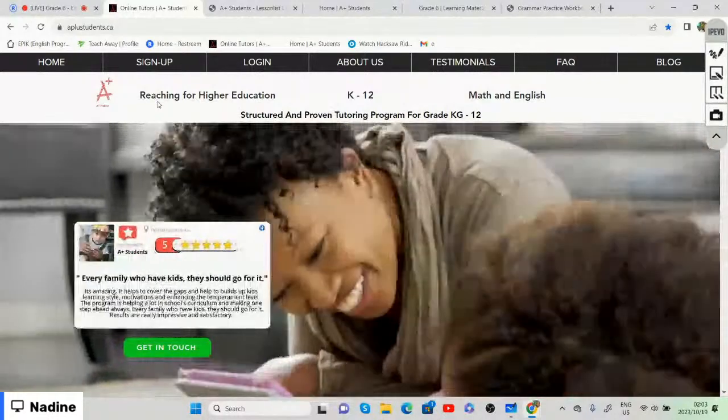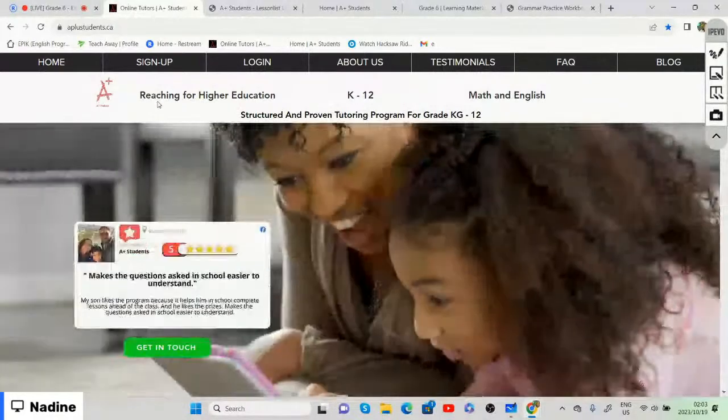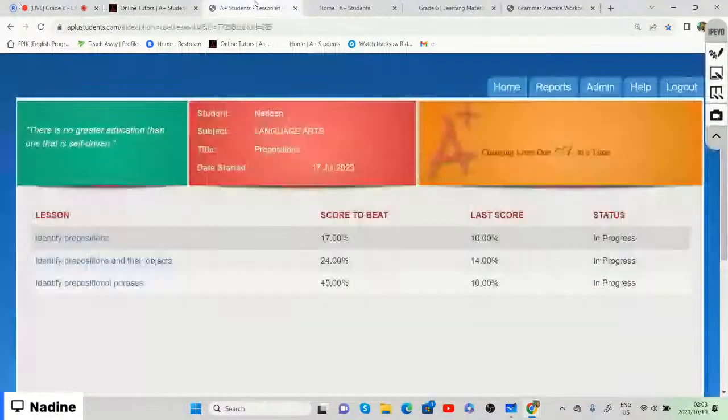Once we have selected grade 6, we scroll down until we get to the chapter of prepositions.